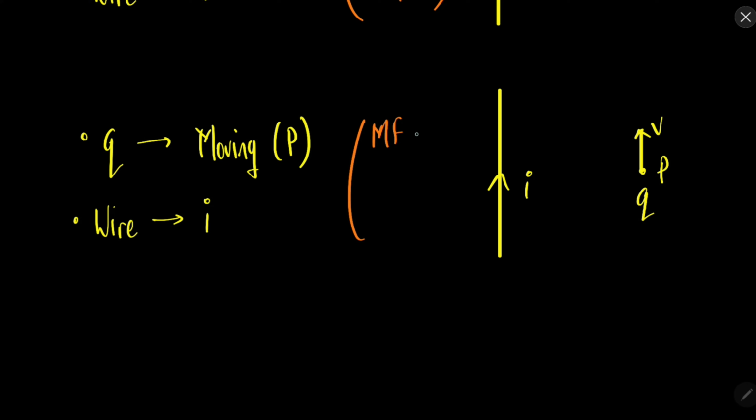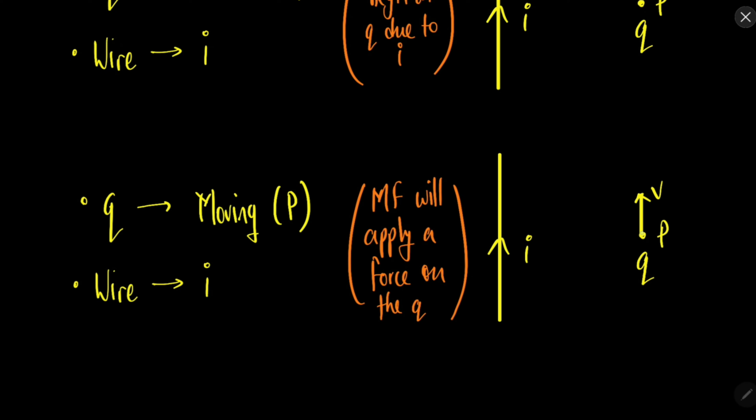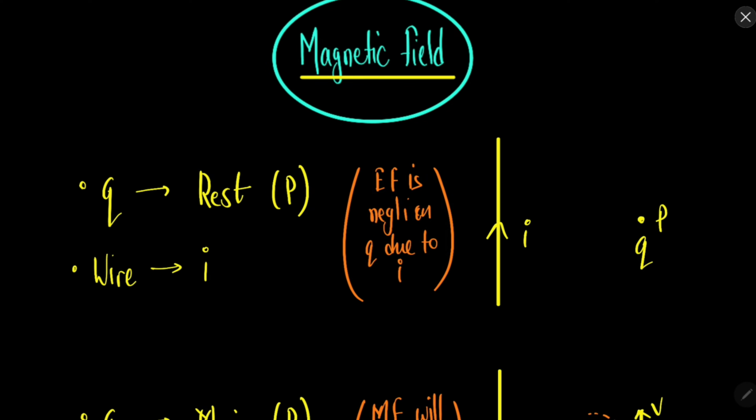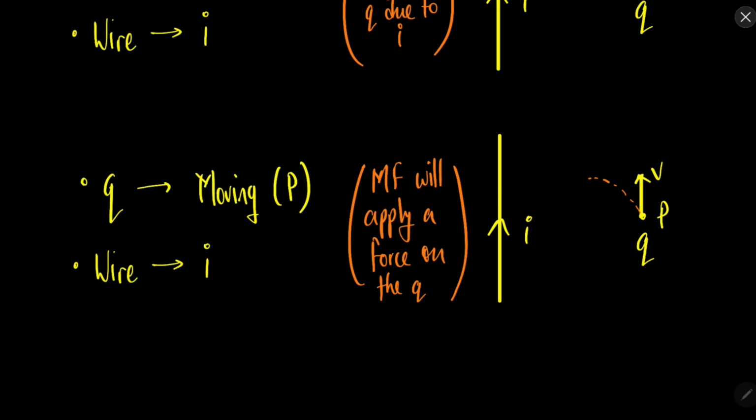The magnetic force will apply a force on the charge Q, and the charge Q will move in a curved path. So what is this magnet? Whenever the charges are moving, then magnetic fields are produced and they can affect each other. So magnetic field or magnetic force is produced whenever the charges are in motion.